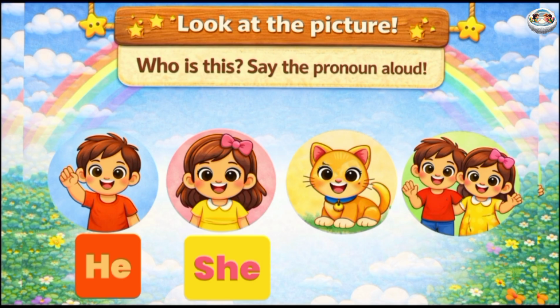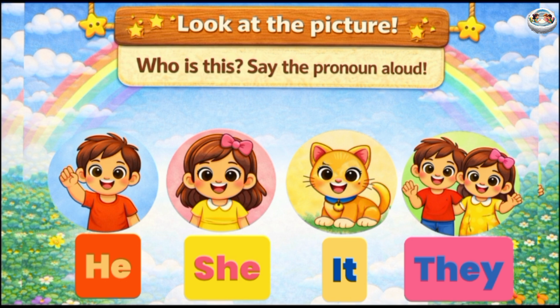Second one is Sarah. We will use she for the girl. Third one is a cat. We will use it for animals. Now, for Ali and Sarah, we use they.